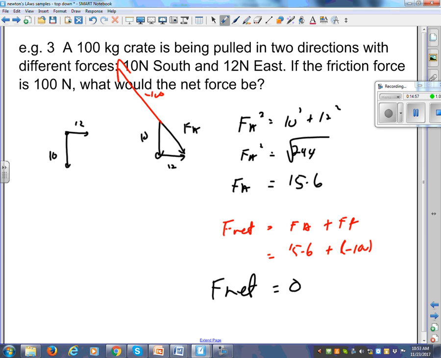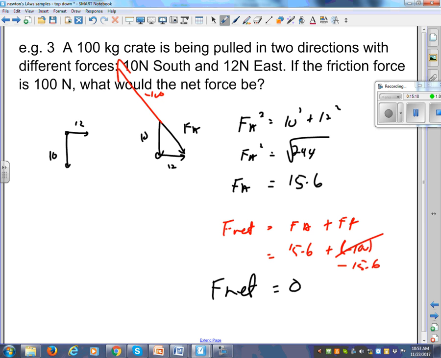So say that was like 156. If it was 156, then you would subtract, right? Because you've got more applied force than you do friction. But since our friction force is more than our applied force, our net force is just going to be 0. In fact, in reality, the friction force is actually going to be minus 15.6, right?